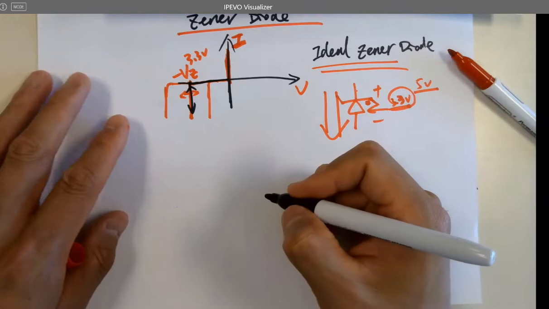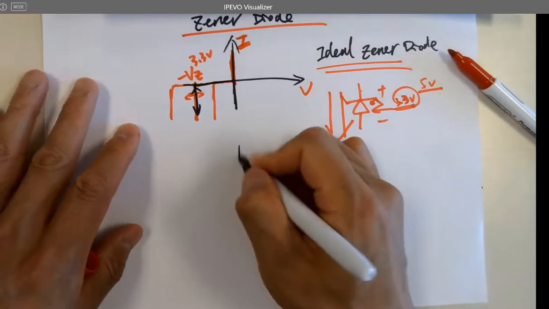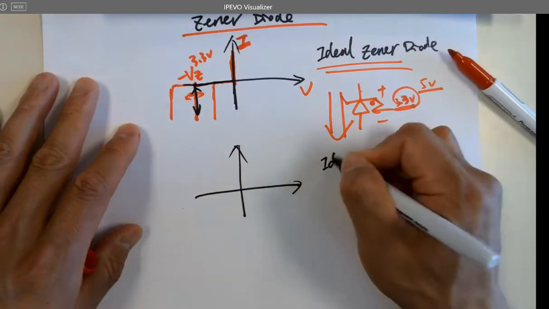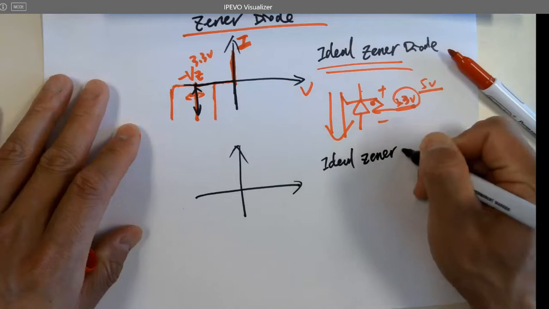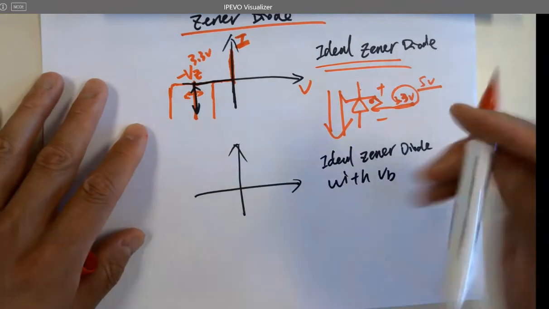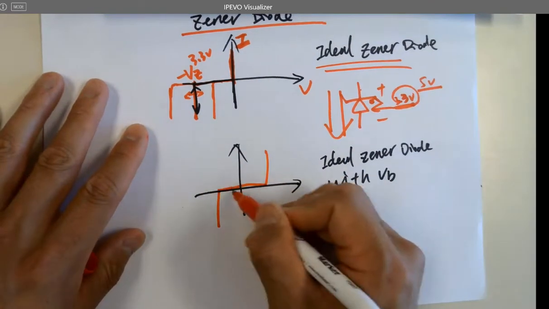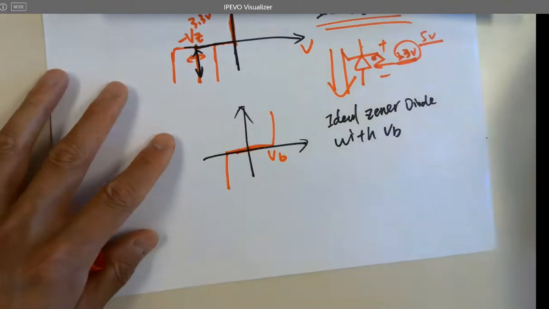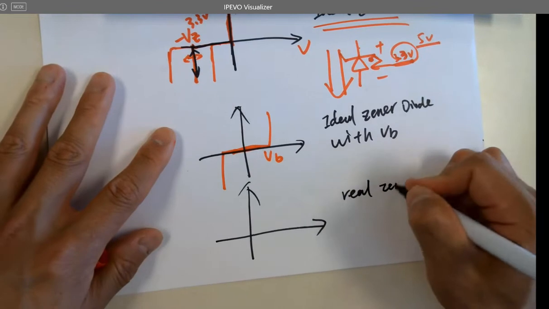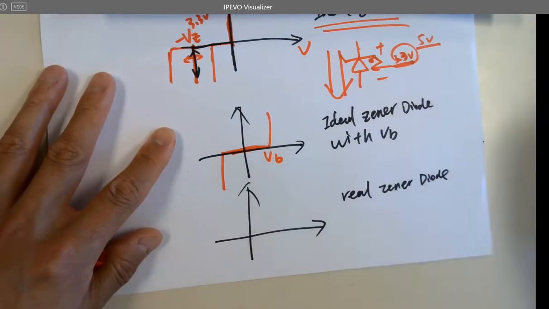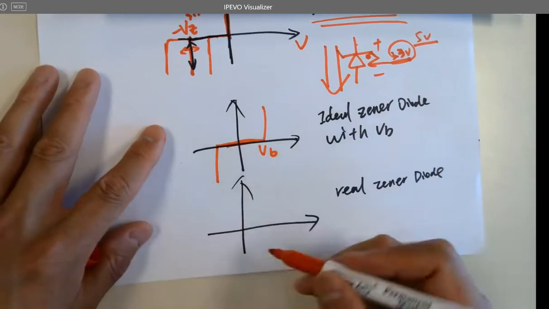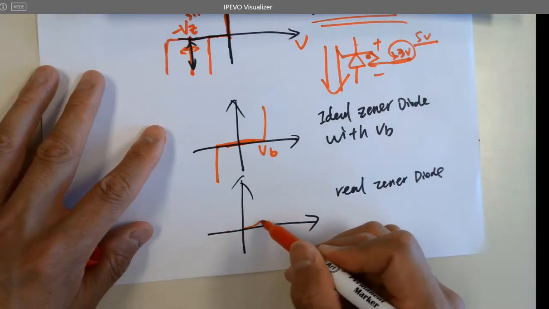What about an ideal Zener diode with VB? Yeah, just like that, right? It's VB. What does a real Zener diode look like? A real Zener diode has a built-in potential, right?